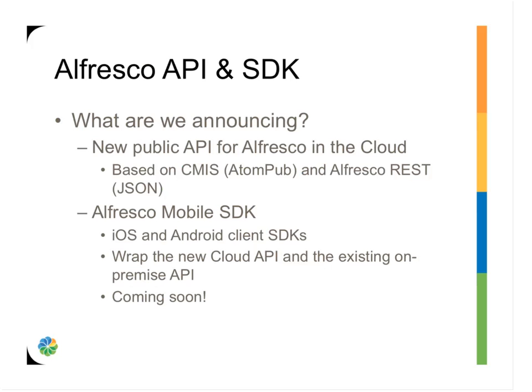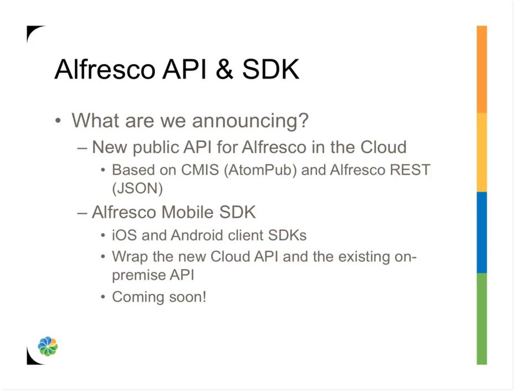But so what is it that we're announcing? We have this new public API for Alfresco in the cloud, and basically if you're writing a custom application that needs to work with files, you can use this public API to persist that content into Alfresco in the cloud.